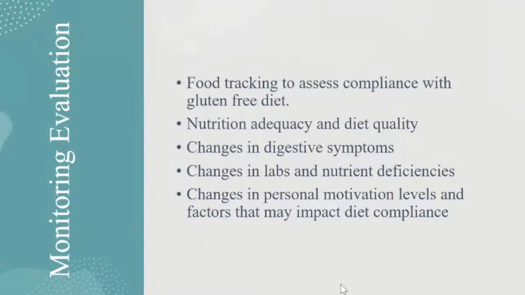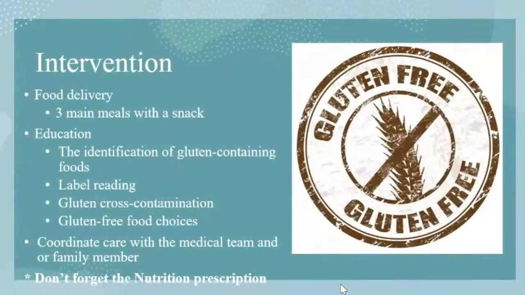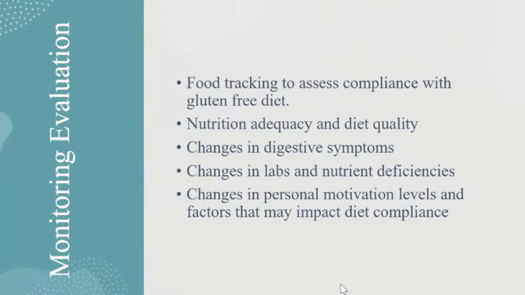And then changes in personal motivation levels and factors that may impact diet compliance. Those are the things I'm expecting the person will be doing well. So when the person comes back for review, that is what I am expecting to ask. But you have to put in the intervention the number of times the patient is supposed to see you and when the next review time is.